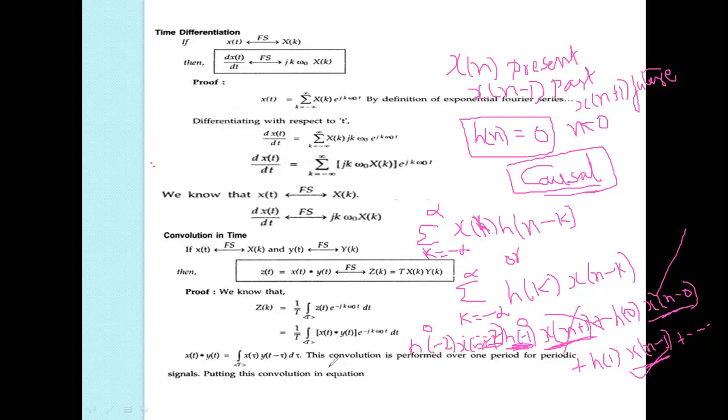So all the future inputs, with the multiplication factor h of n equal to 0 for n less than 0, make it causal. If this condition is satisfied, we can call it causal. If not satisfied, it also depends on the future inputs, and it is a non-causal system.